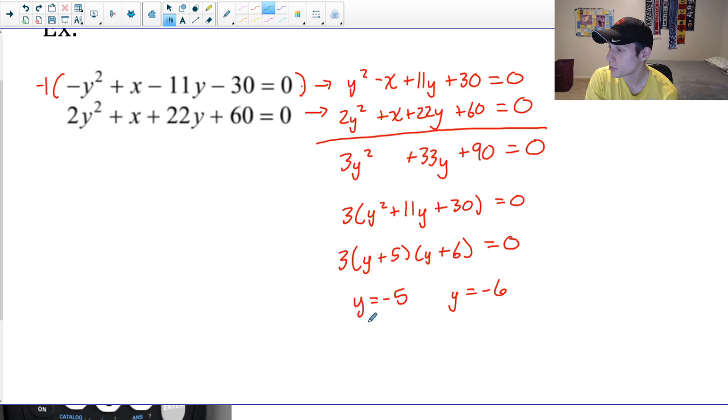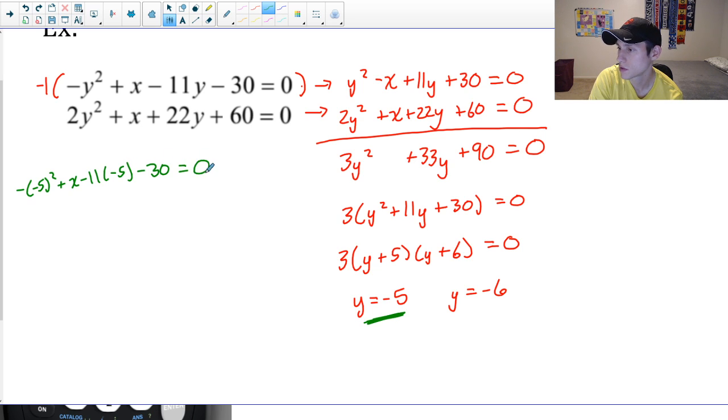And remember, we have to now plug these back in to see what we get. So let's plug in negative 5 first. It doesn't matter which equation. Let's say this first equation here. So negative 5 squared plus x minus 11 times negative 5 minus 30 equals 0. And let's just simplify.